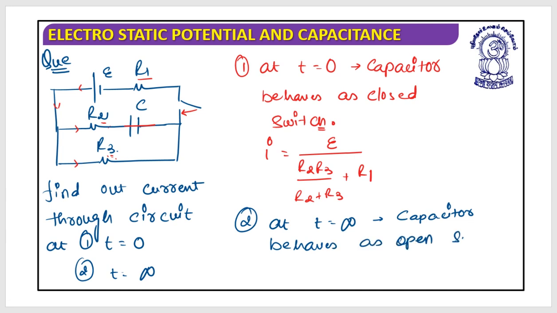That means no current passes through the branch where the capacitor is connected. So my current will be equal to, as no current can pass through R2, just E divided by R1 plus R3. I hope these things are clear.